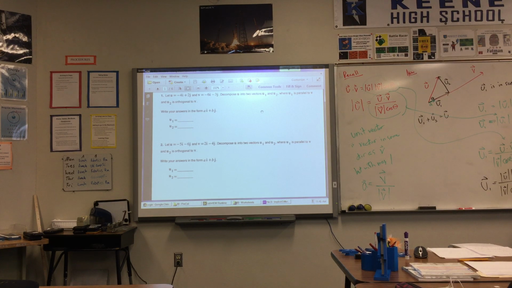So we've got cosine thetas which cancel. We have vector v that cancels, so we have u1 equals... they don't want us to cancel the v's. Sorry.